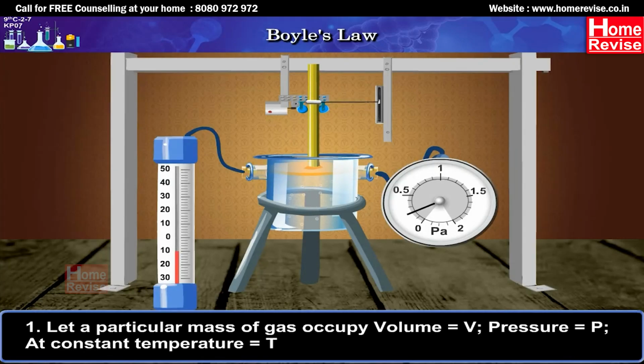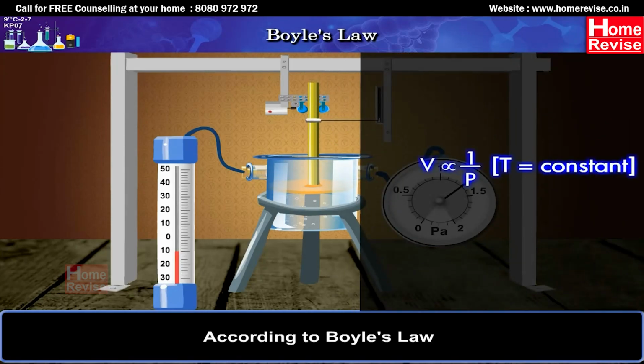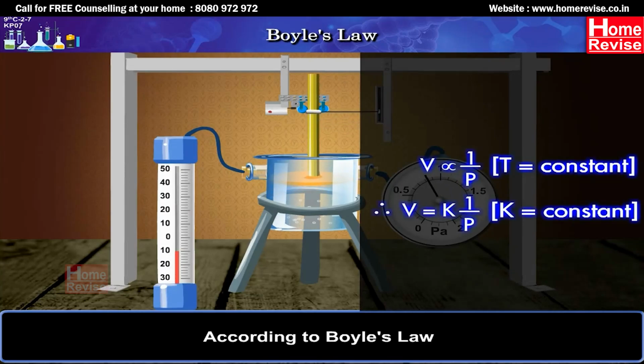Let a particular mass of gas occupy volume equal to V, pressure equal to P, at constant temperature equal to T. According to Boyle's law, V is inversely proportional to P, T is constant. Therefore, V is equal to K into 1 upon P, K is a constant. Therefore, PV is equal to K is equal to constant.